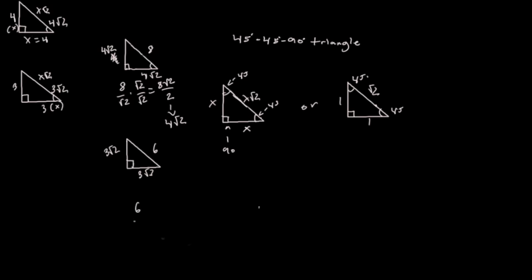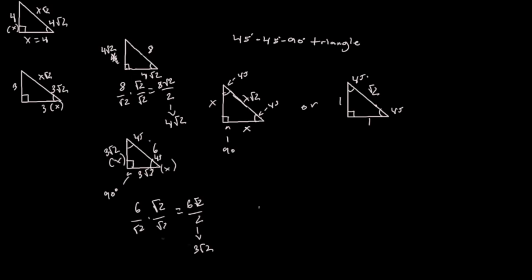So I would do 6 divided by root 2, multiply by root 2 up top, and multiply by root 2 down here. You get 6 root 2 over 2, which gets you 3 root 2. So since both of these are 3 root 2, you're able to understand this is a 45, 45, 90 degree triangle. So that's it for the 45, 45, 90 degree triangle video.